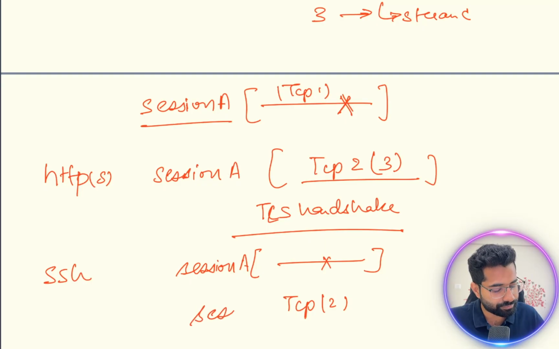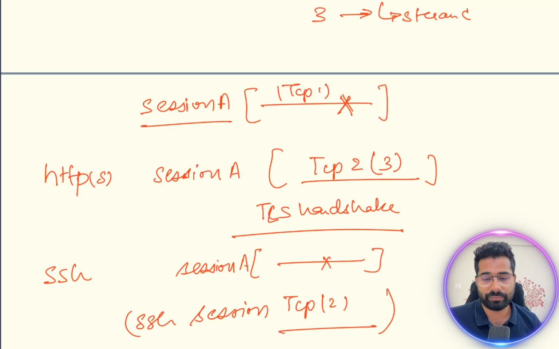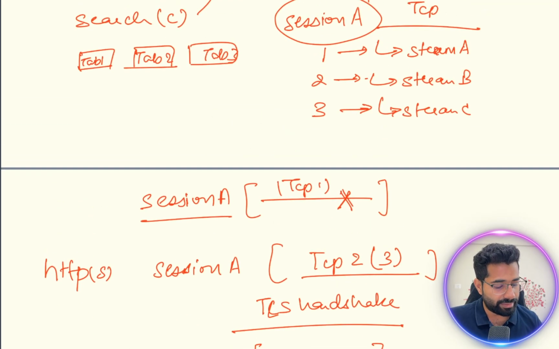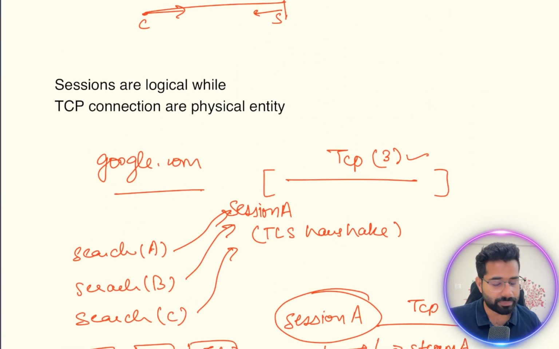So whether session resumption will happen or not depends on your application level protocol, whether it allows session resumption or not. So we saw that this layer mostly deals with session management rather than any modification or change in the payload data.